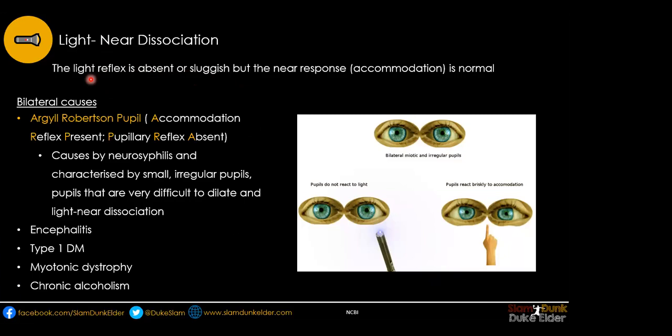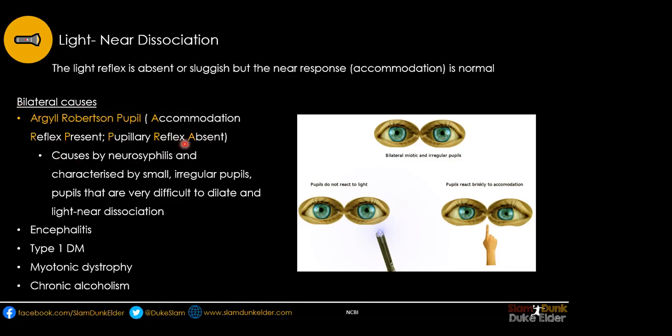So the bilateral cause, you've got an Argyll-Robertson pupil. Now you can remember this by using a mnemonic: accommodation reflex present, pupillary reflex absent. So you've got ARP and then PRA backwards, and that can help you remember. I wish I came up with that, I didn't, but it helped me to always remember what that pupil means because I always forgot.